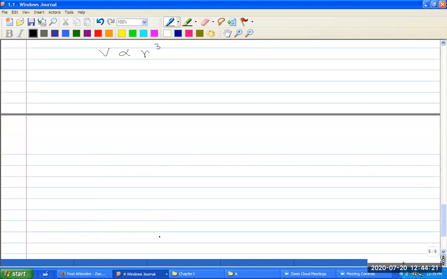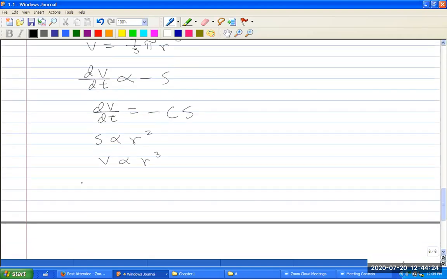So this says that r is proportional to, by the way, you could actually figure out the constant of proportionality, but I'm not going to do it, is proportional to the square root of S. Therefore, V is proportional to S to the 3/2.